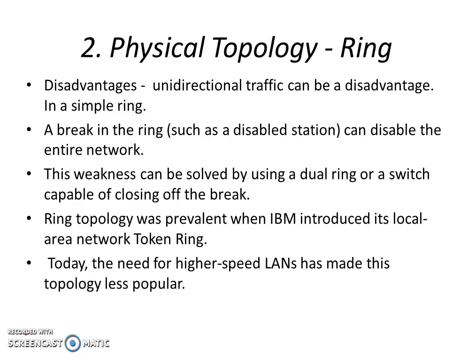A break in the ring can disable the entire network. I told you earlier that fault isolation is easy, but if there is any break in a link, the ring structure itself collapses and we cannot communicate with other devices. This weakness can be solved by using a dual ring or a switch capable of closing off the break.